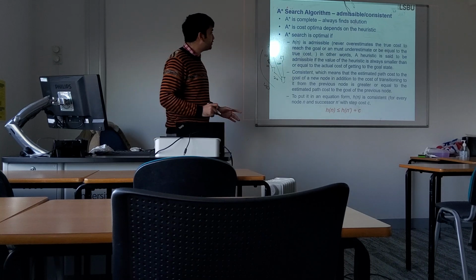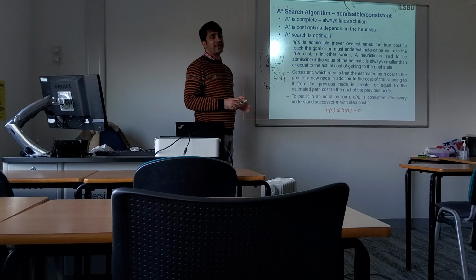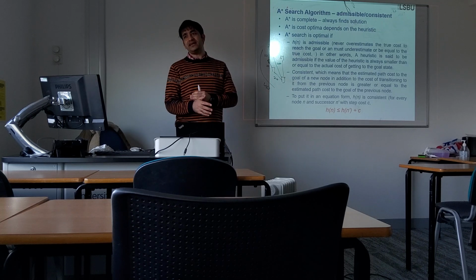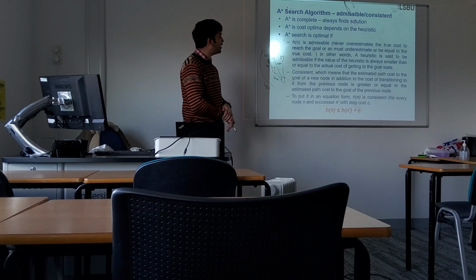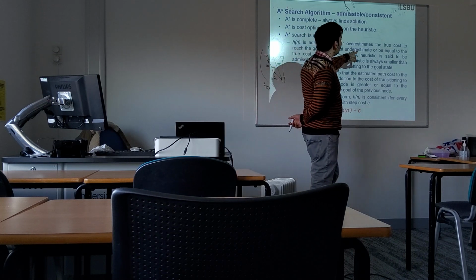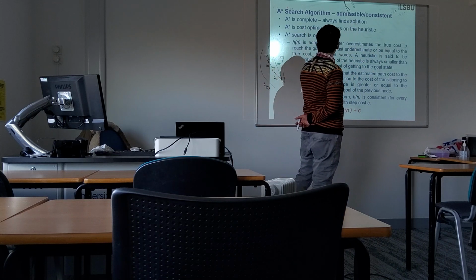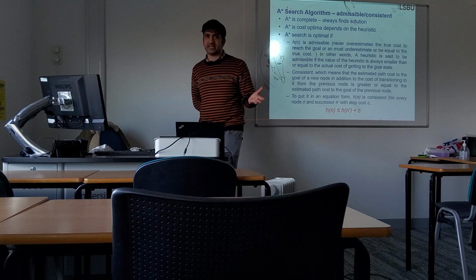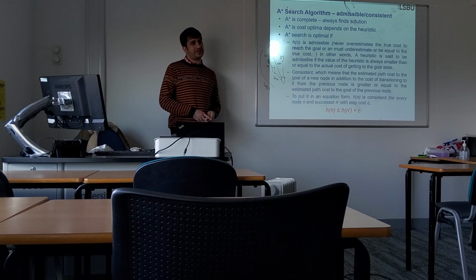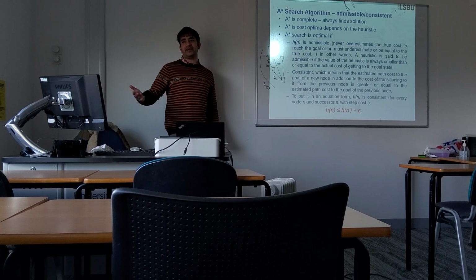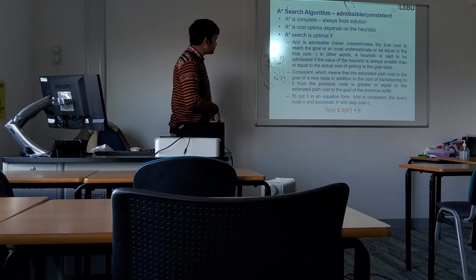That is, if h of n is less than or equal to the true cost, then we can say it is admissible. That's why we say never overestimate the true cost to reach the goal; it must underestimate or be equal to the true cost. So this is the condition for admissibility. Underestimate is not a problem, but overestimate is a problem.